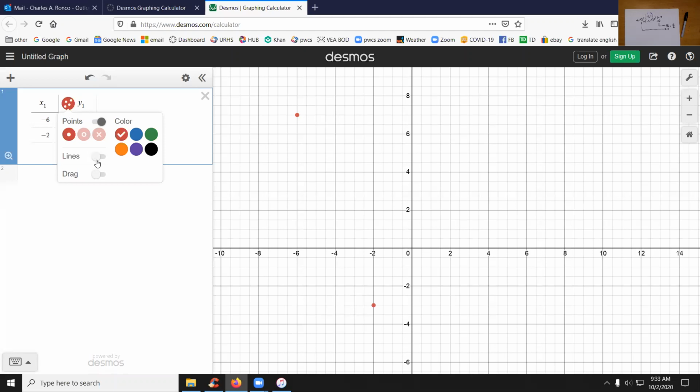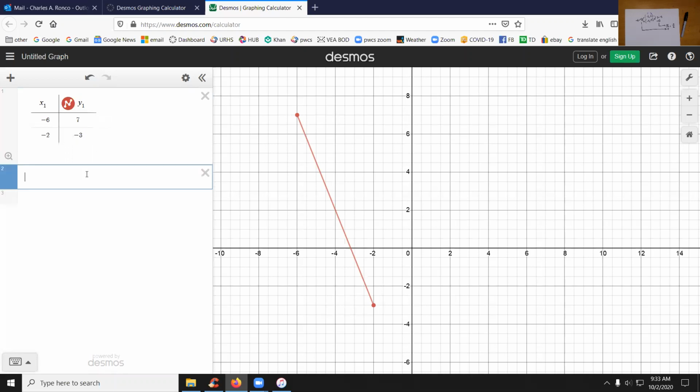And you turn on the line, you'll see the segment that connects the 2 points. Well, that's fine if we want to count. Now remember, look at your scale. This is 7, so you'd have to make sure that you don't count the little half squares. That can be a little confusing by itself.